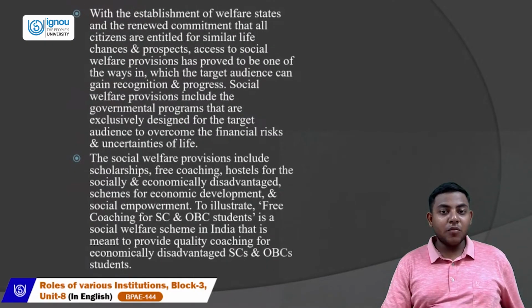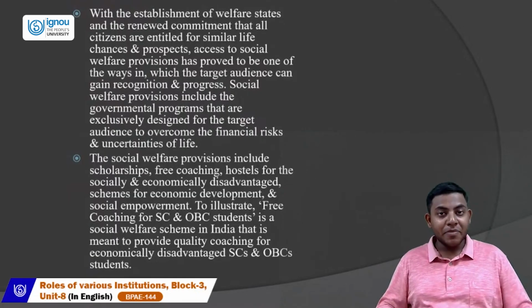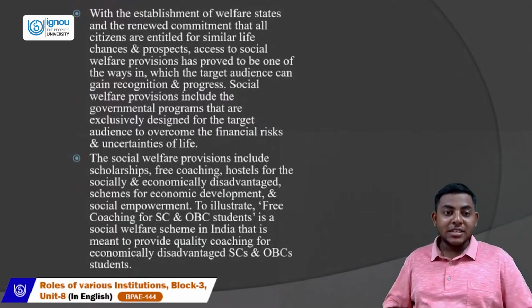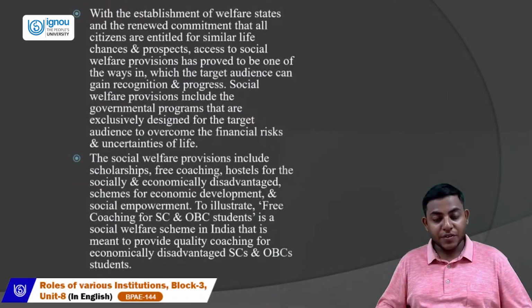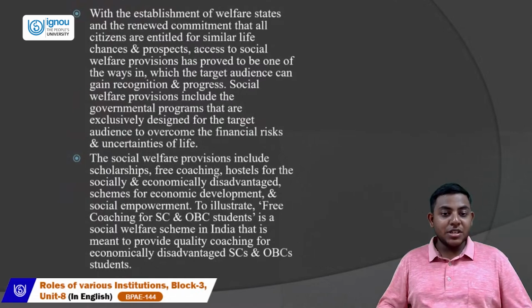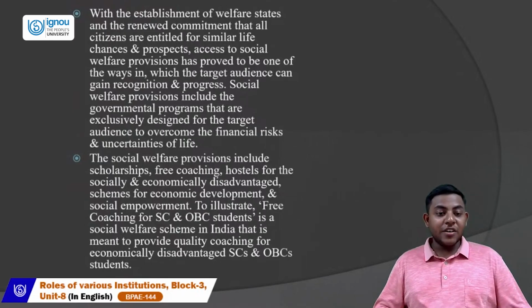So, with the establishment of welfare states and the renewed commitment that all citizens are entitled to similar life chances and prospects, access to social welfare provisions has proved to be one of the ways in which the target audience can gain recognition and progress. Social welfare provisions include the governmental programs that are exclusively designed for the target audience to overcome the financial risks and uncertainties of life.